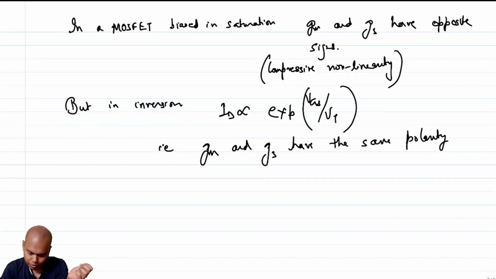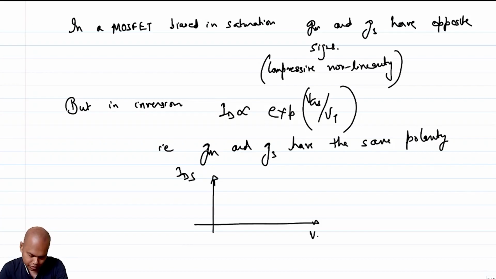This is something that you can verify. If you have access to MOSFET PDKs, you can take a MOSFET and plot IDS versus VGS. Basically, it should look something like this, where maybe your threshold voltage is somewhere here.